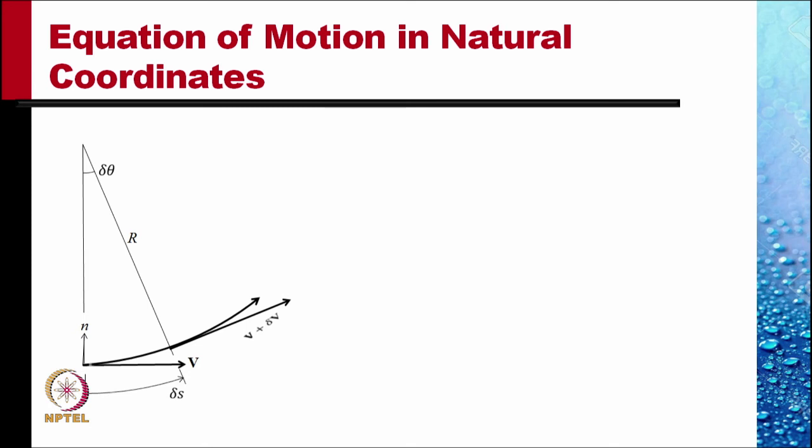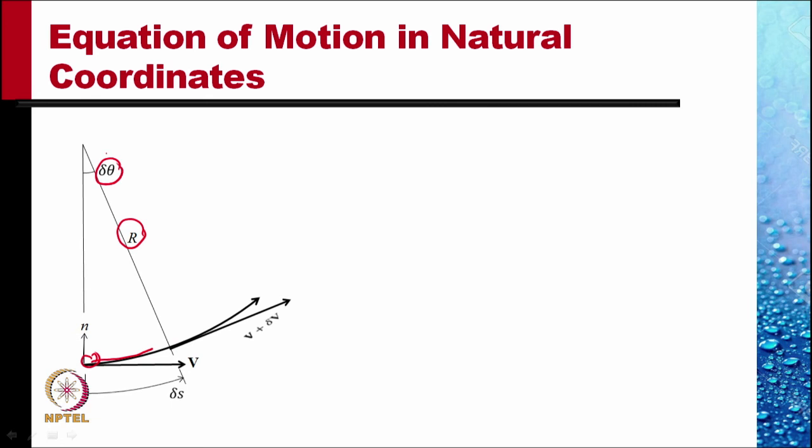Consider a fluid particle moving along this curve. This is a streamline. At the initial time, the velocity is tangent at this point and the velocity is V. At a time delta t, the particle has executed a motion, and for small time we can consider it to be an arc of a circle of radius R, and let us say it has revolved through an angle delta theta.